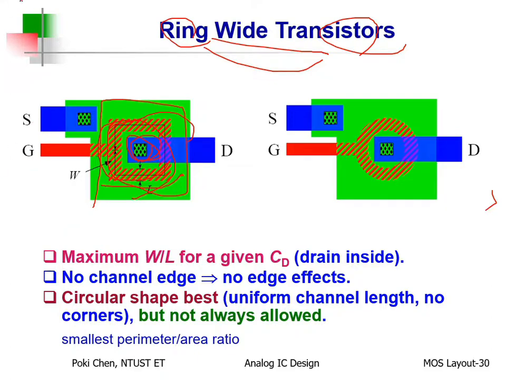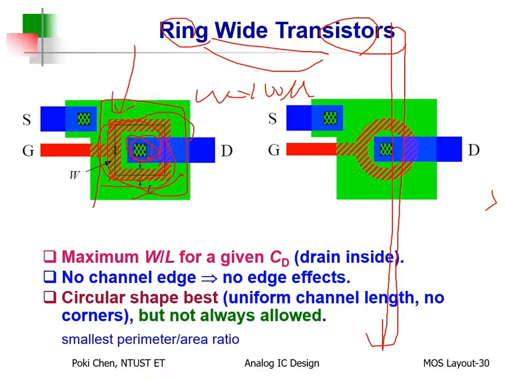For example, if you have W equals 100 micron, you can do a single layout just like this. Okay? If you make it like that, 25 microns per side, oh gosh, you need to spend more than the square of 25 microns. I promise you, it will be much larger than this.